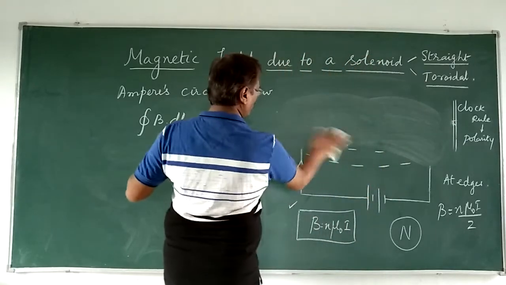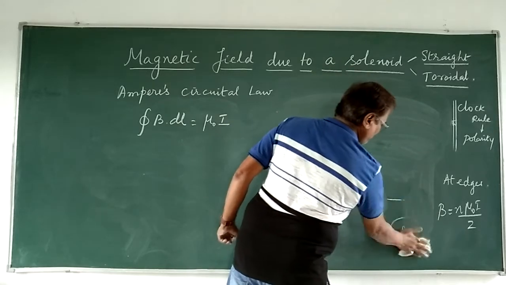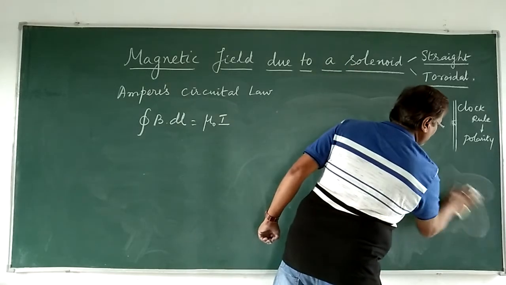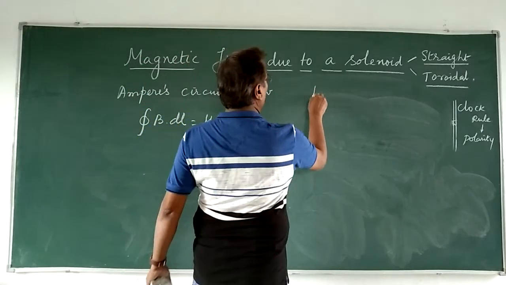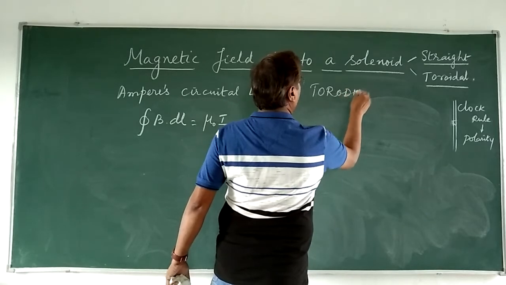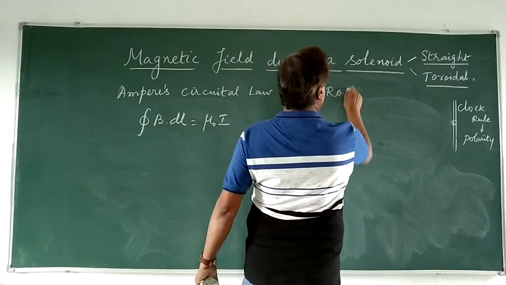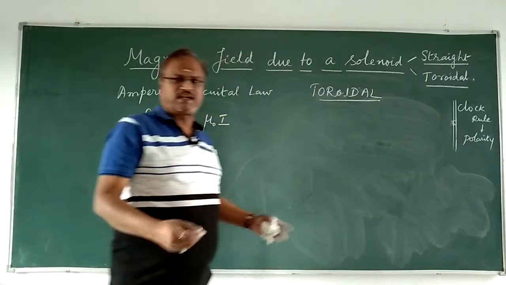Okay. This part is over now. We have to derive an equation for a toroidal solenoid. What is this? Looking very horrible word. Toroid. Toroidal. Okay. How is a toroidal solenoid?